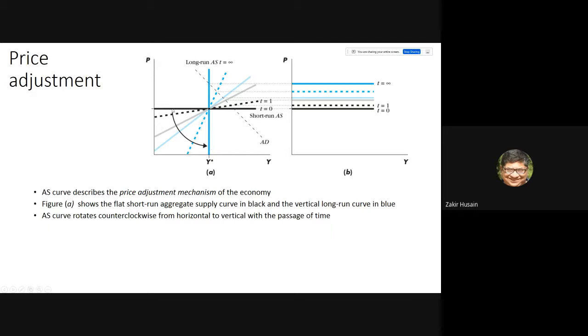As time changes, the Keynesian case starts rotating in an anti-clockwise manner. The slope is zero over here, and it starts increasing little by little until it becomes perfectly vertical. And you can see that these are the intersections with the demand curve.